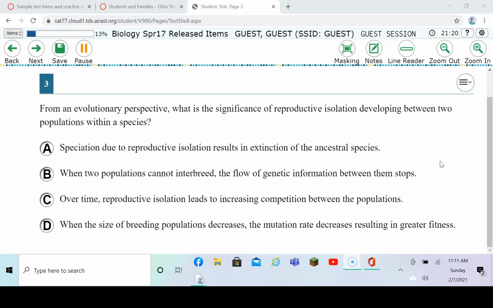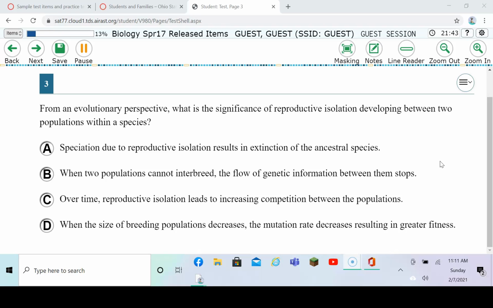Let's look at C. Over time, reproductive isolation leads to increasing competition between the populations. This is incorrect. Reproductive isolation over time results in speciation, which changes the type of competition from an intraspecies to an interspecies, not the amount of competition between the individuals or populations. D. When the size of the breeding population decreases, the mutation rate decreases, resulting in greater fitness.